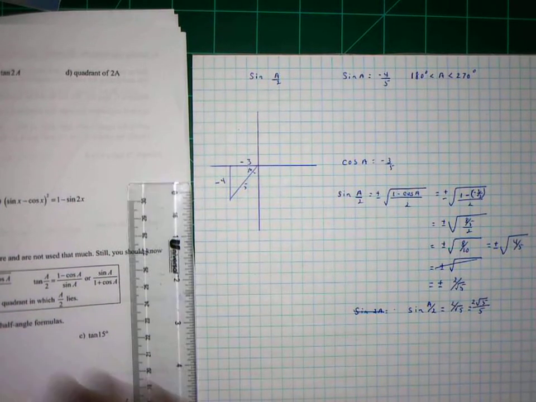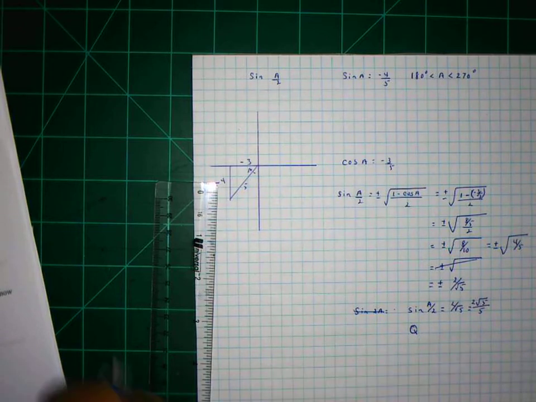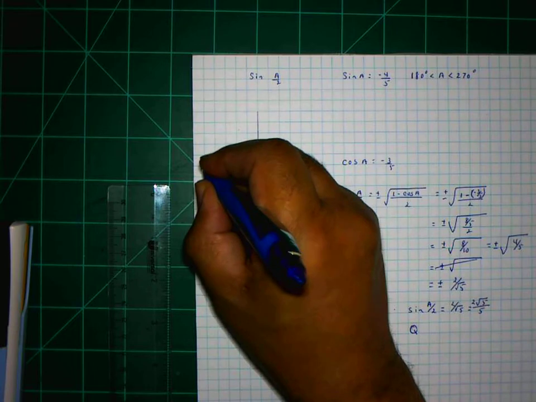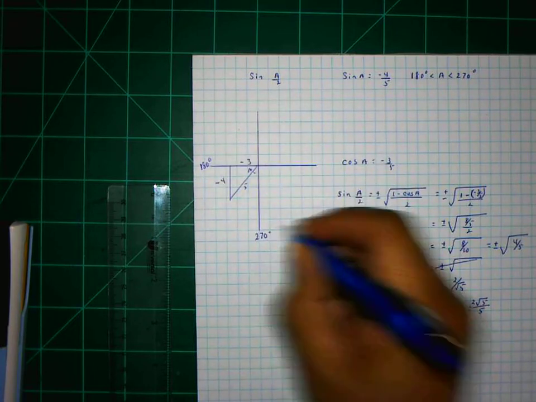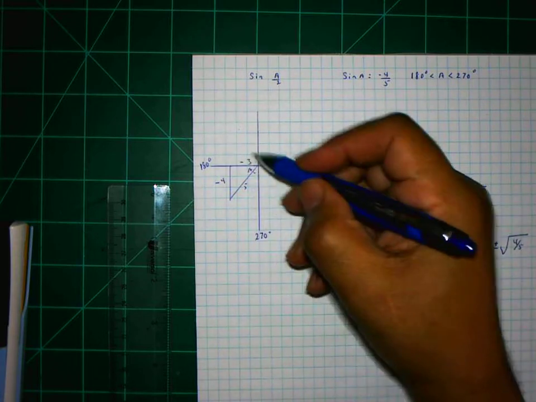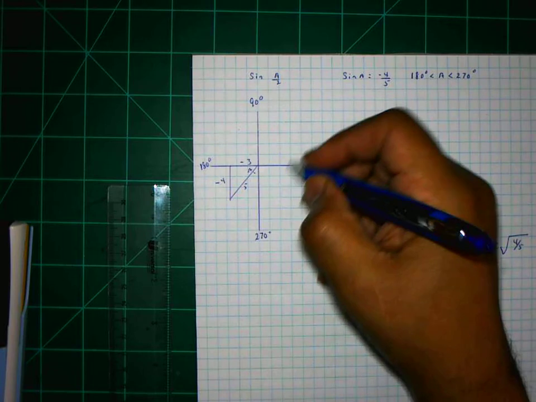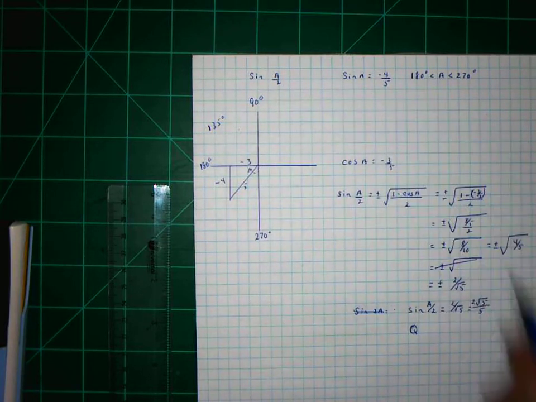Now, the quadrant this is going to be in, we know the angle has to be in the third quadrant, so this is going to be somewhere between 180 degrees and 270. Now, if we take half of that angle there, it has to be between 90 degrees and 135 degrees. And that means it's going to be in quadrant 2.